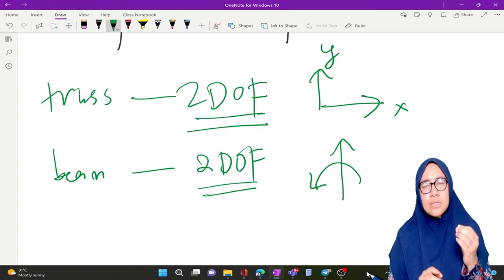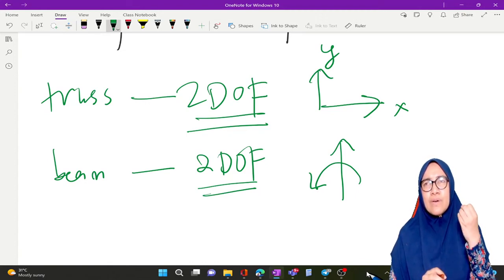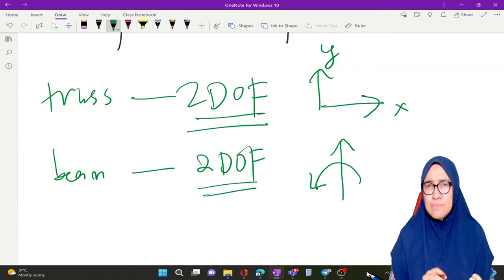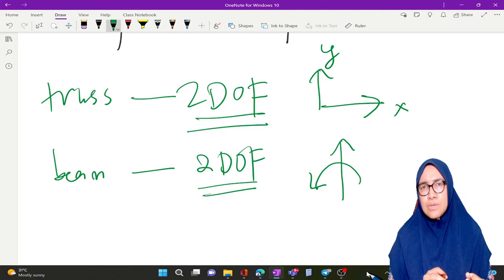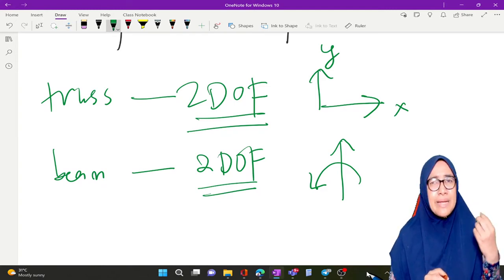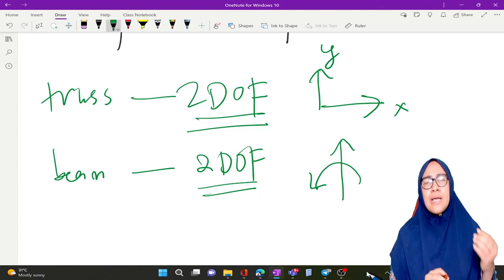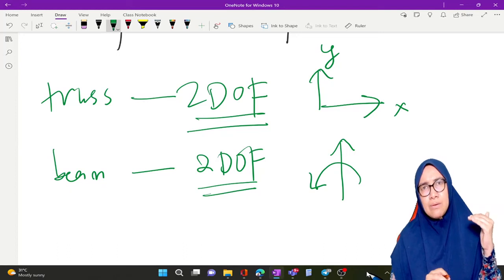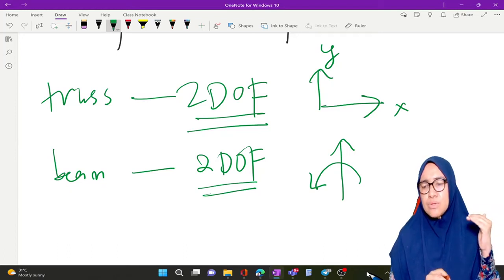Because there is no horizontal force. There is no horizontal reaction. There is no horizontal displacement in beam. The horizontal displacement in beam can be neglected because it is always equal to 0. Forces in horizontal direction in beam are always equal to 0.